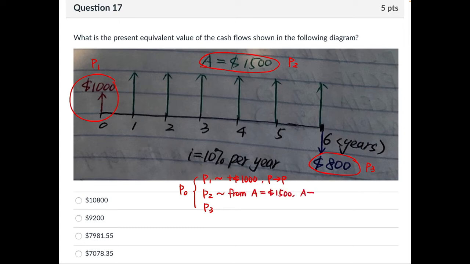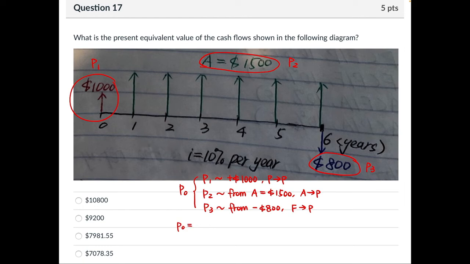So it's to convert annuity to present. P3 is from the negative 800 at the end of the 6 years. So it's to convert a future cash flow to present cash flow. Okay, so your P0 is gonna be the sum of all of this.